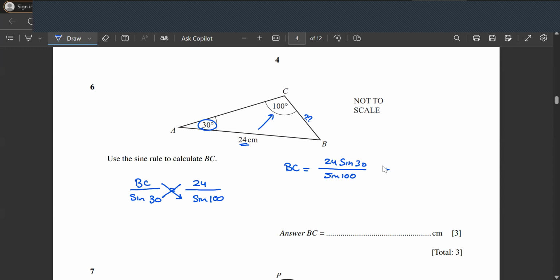Don't forget to close the bracket of the sine because it will give you error. So equal 12.185. Any problem?